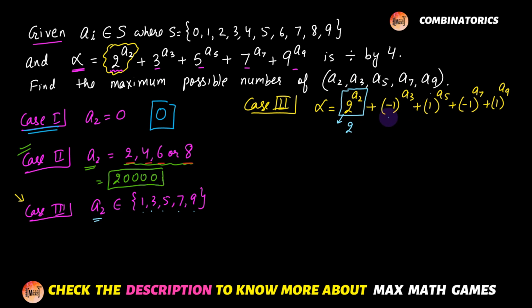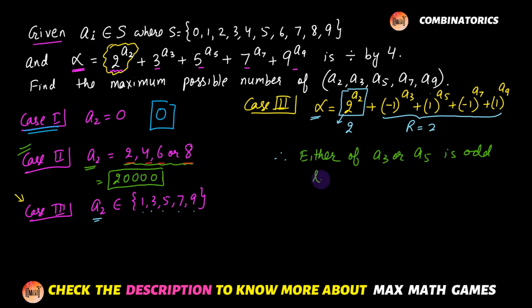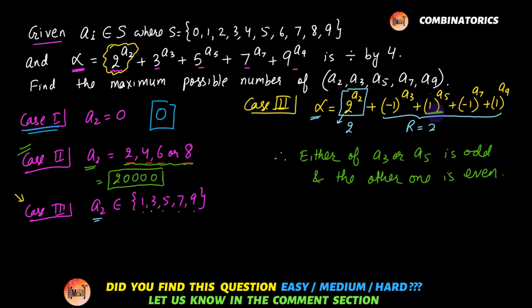So now the only possibility for which alpha is divisible by 4 is that we should get a remainder of 2 from this expression when divided by 4, and hence this is only possible when either of A3 or A7 is odd and the other one is even, because in that case this quantity will always give a remainder of 1, this quantity will always give a remainder of 1, so A5 and A9 can belong to the set S. So there are 10 ways of selection of A5 and 10 ways of selection of A9.